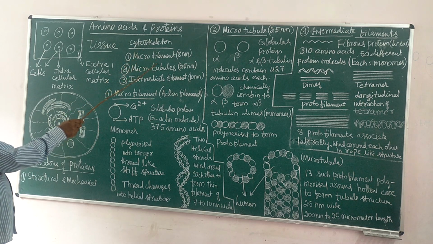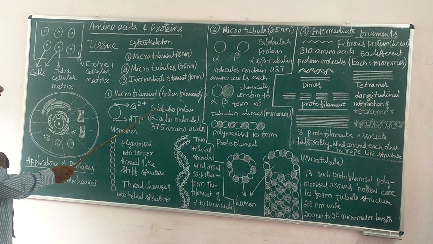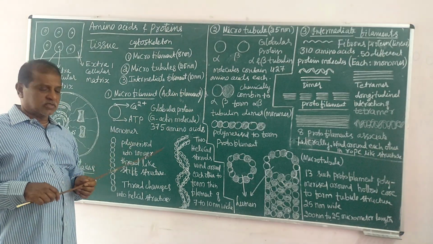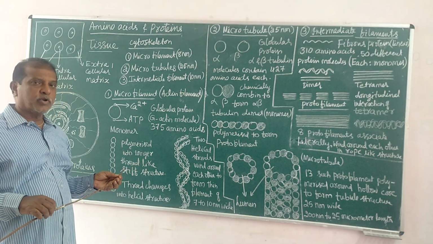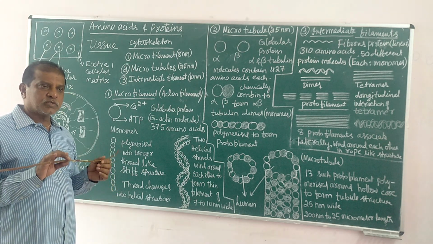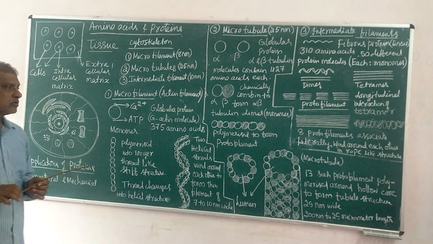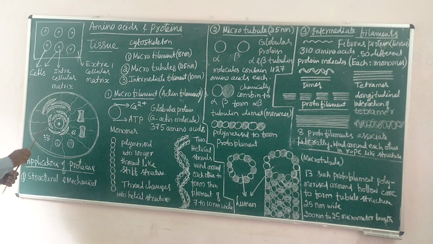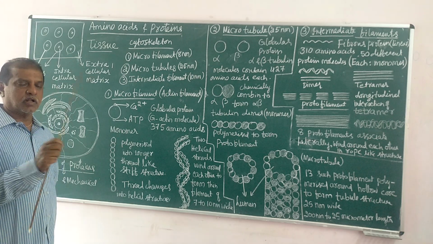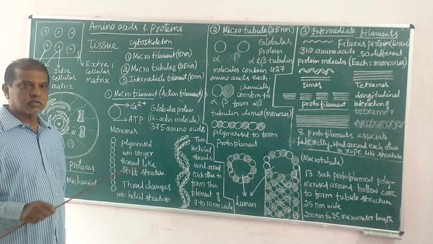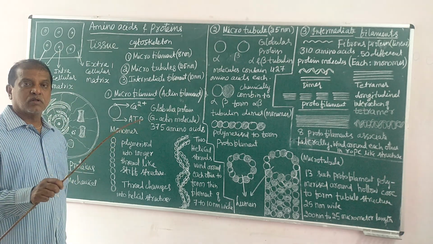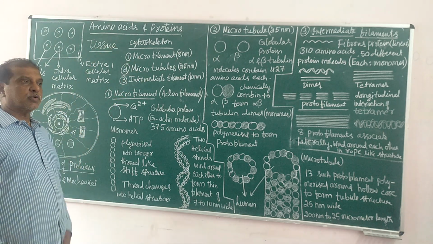What is a microfilament? A microfilament is made out of globular protein. In the previous class, I stressed the protein molecule after it is synthesized. Every protein molecule assumes its own geometrical shape. It may be globular or fibrous, depending on which amino acids are enriched in the molecule.